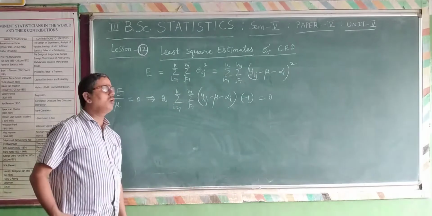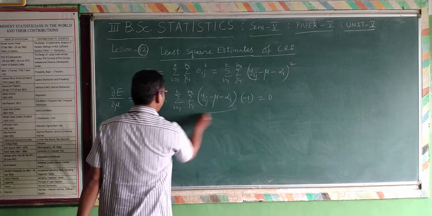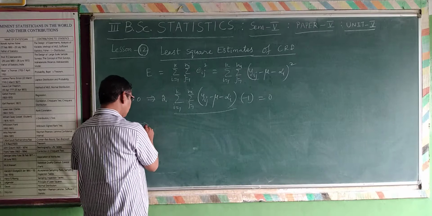Now 2 cannot be 0, and minus 1 cannot be 0, so this term becomes 0.